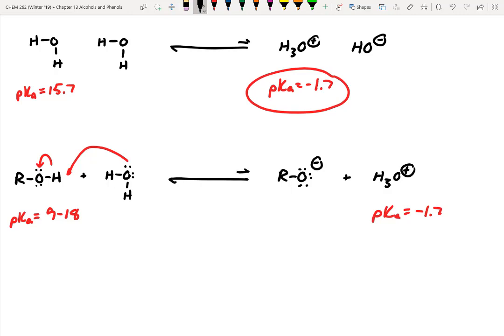All right, that's bringing us to some terminology. If we think about this anion up here, this is called hydroxide, right? We've seen it used in Gen Chem and in organic chemistry a lot. If we think about this anion down here, this is called an alkoxide anion.